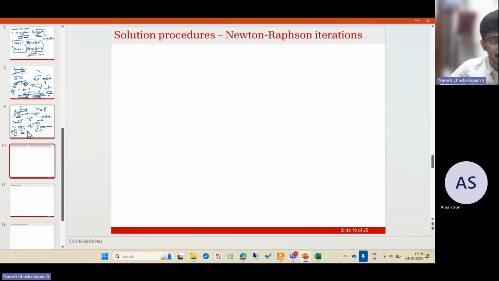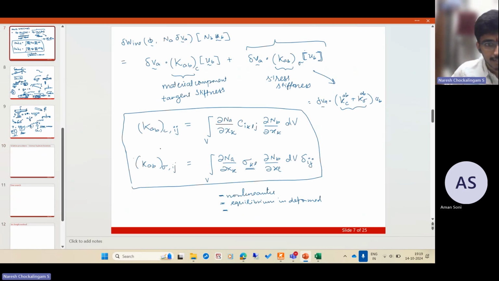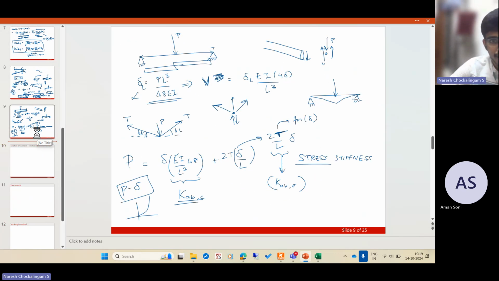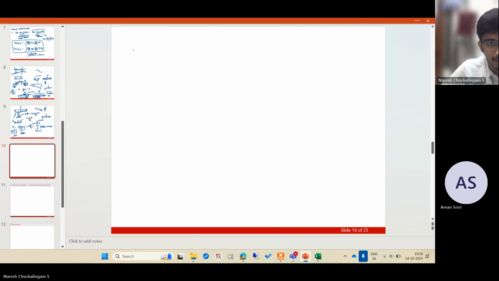Okay. So at this stage, the equation we have is this one. We have the virtual velocity field dot producted with the internal virtual work, minus this one, and this is equal to 0. This we call the residual. We want to force this residual to go to 0.